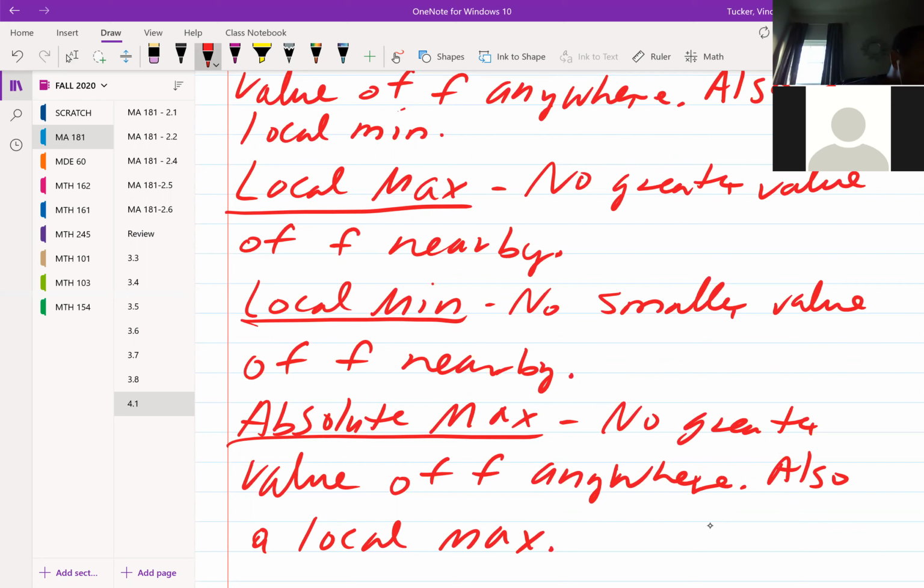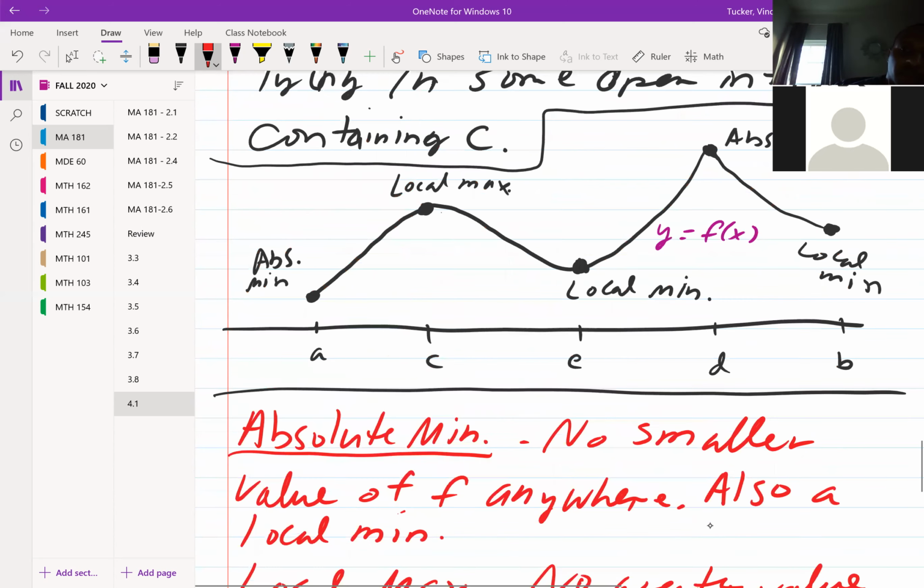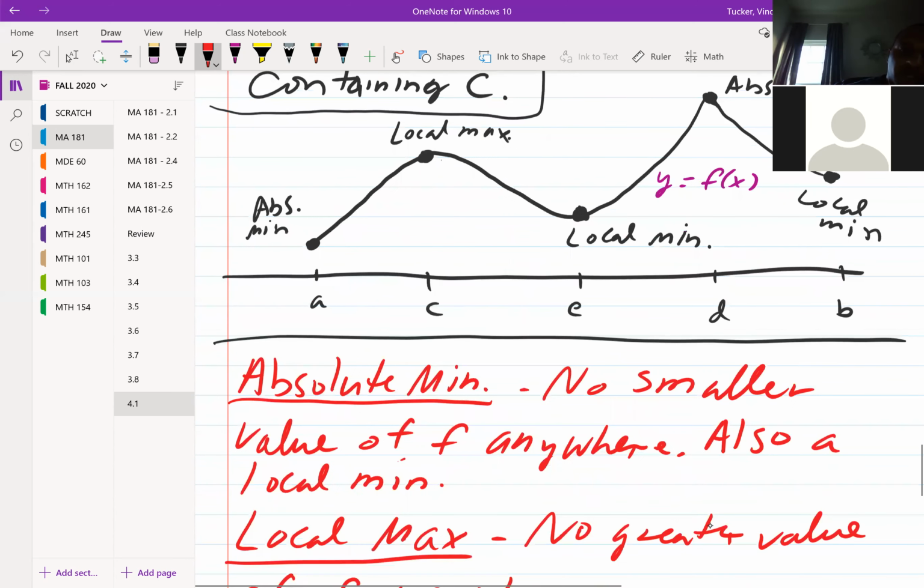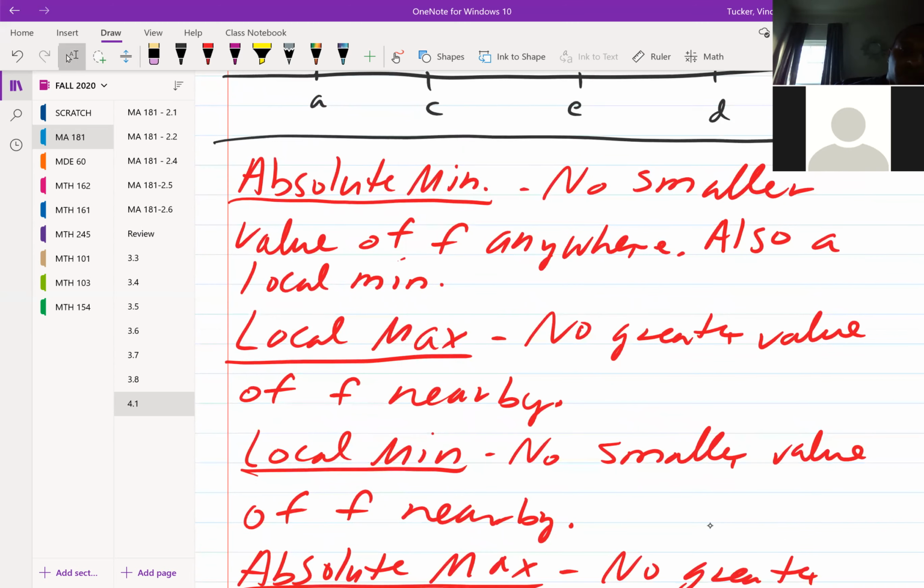And then D, no greater value of f anywhere, also a local max. So we talk about that at D. And then at B, that local minimum, that same definition will hold true: no smaller value of f nearby.